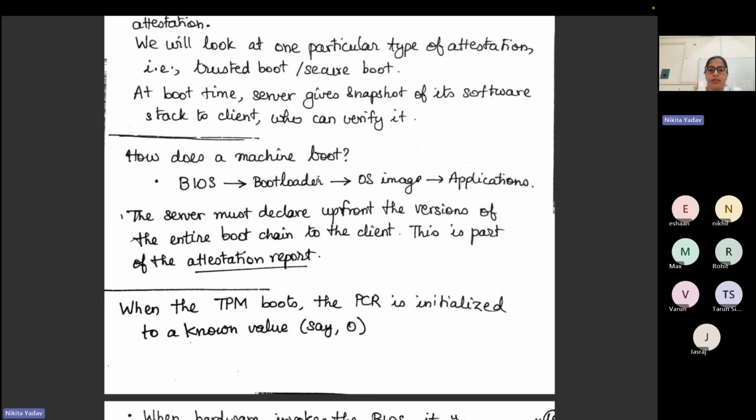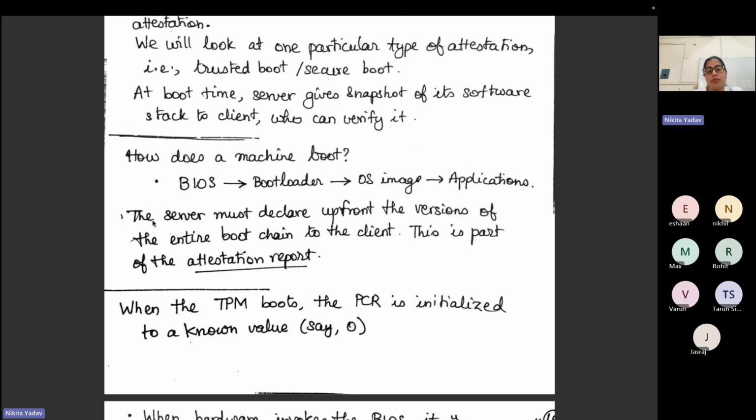The bootloader is the first screen that you will see, and it also allows you to decide which OS you want to run. The bootloader then loads the OS image and starts the OS. Finally, when your OS has started, the OS starts the applications on your machine. So this is how the machine boots.